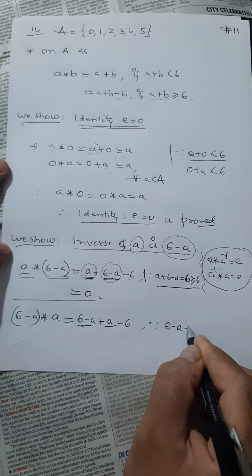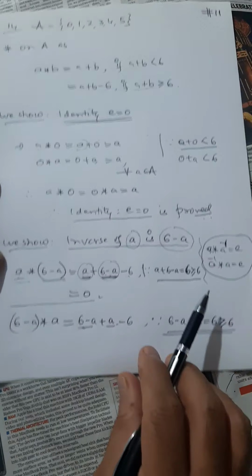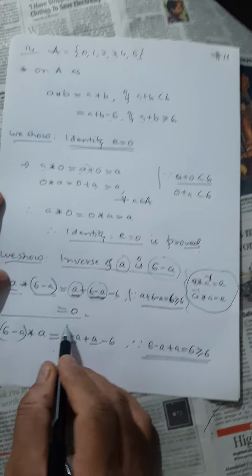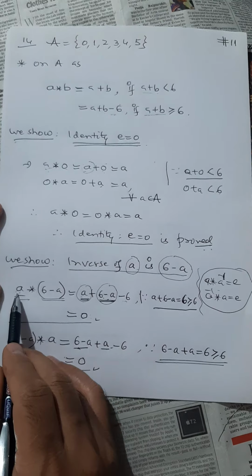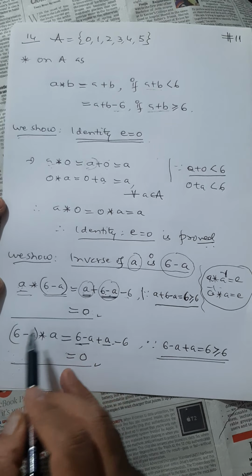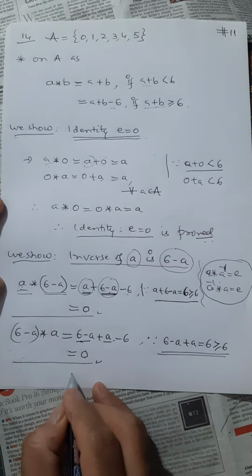I'm emphasizing that here the second case is applicable, remember. So 6 will get cancelled, a will get cancelled. This is 0. So what you have shown: a asterisk b is 0, b asterisk a is 0. So therefore you can say that inverse of a is 6 minus a. It's proved.